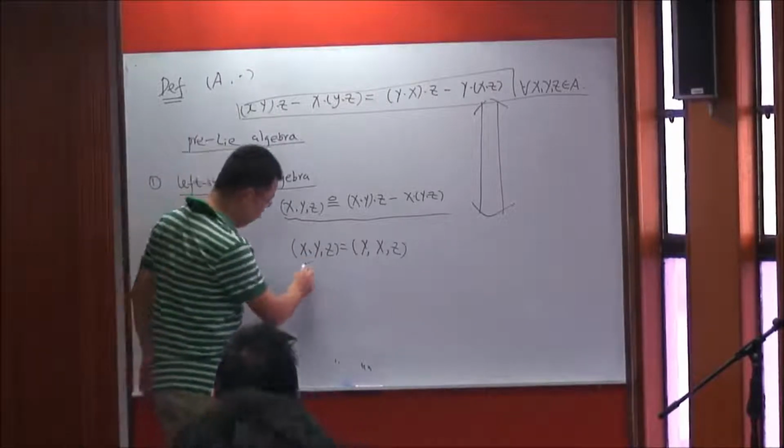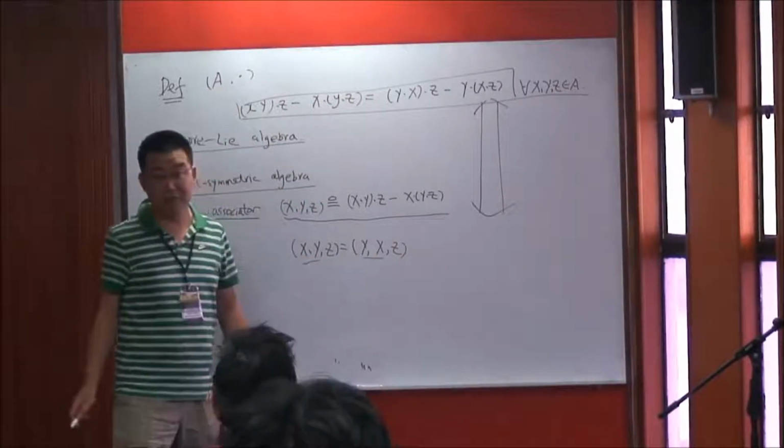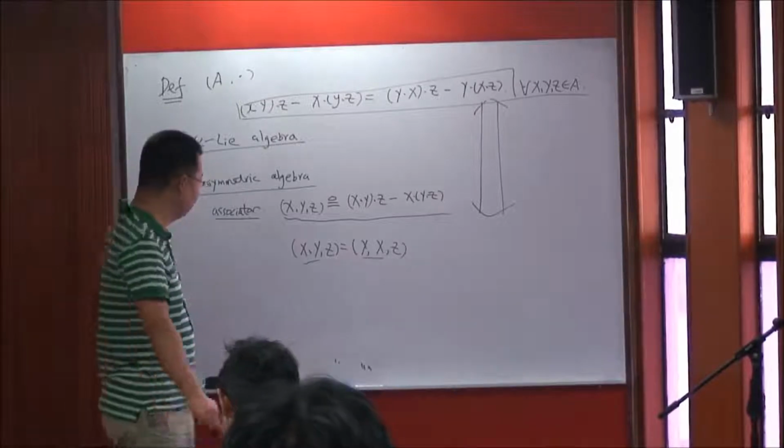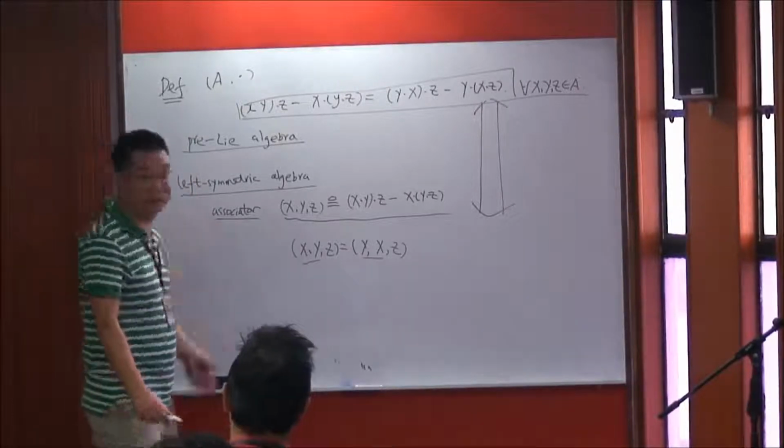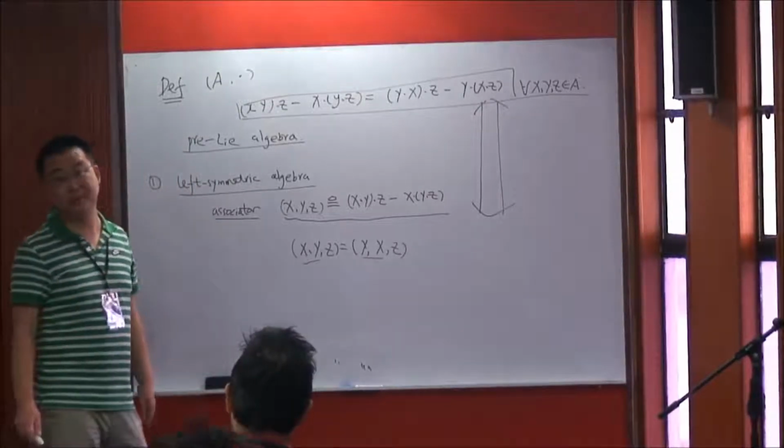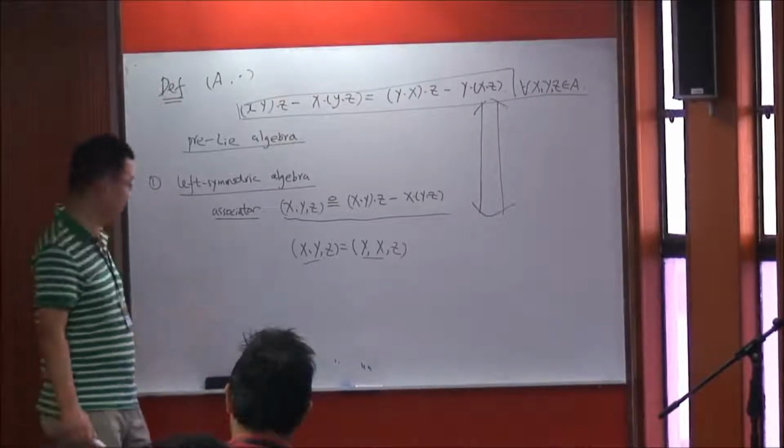So here is the notion of left-symmetric, meaning the associator is symmetric in the left two variables.